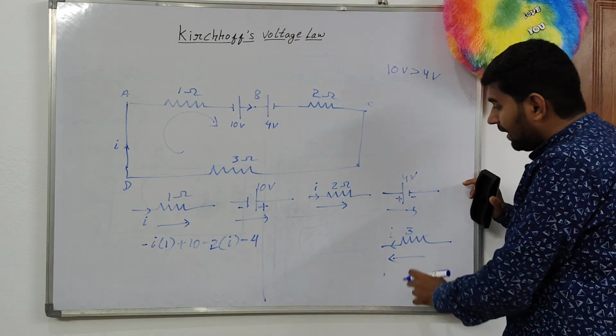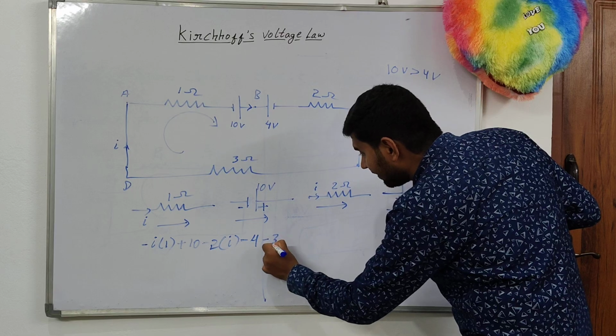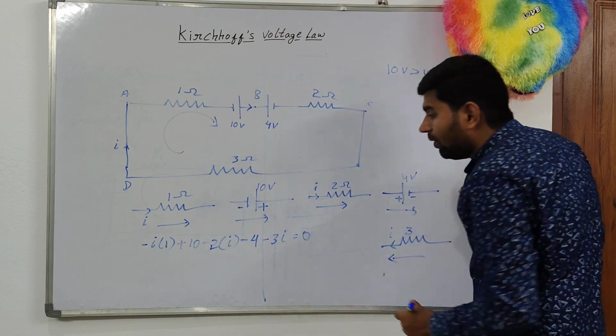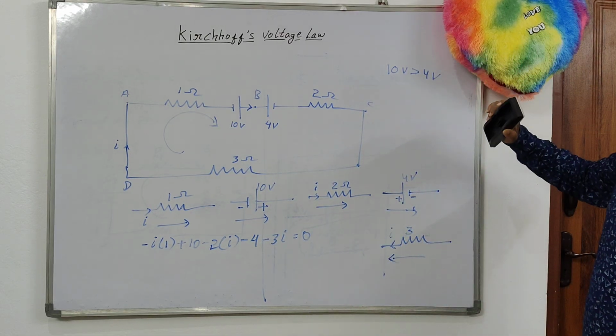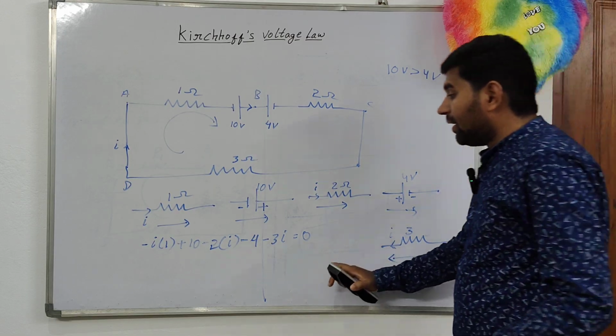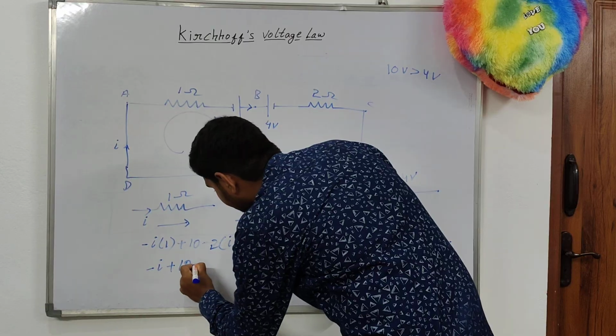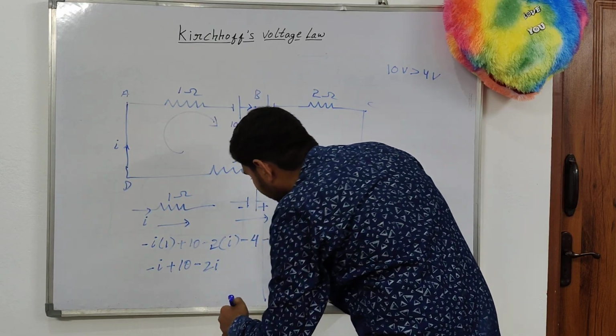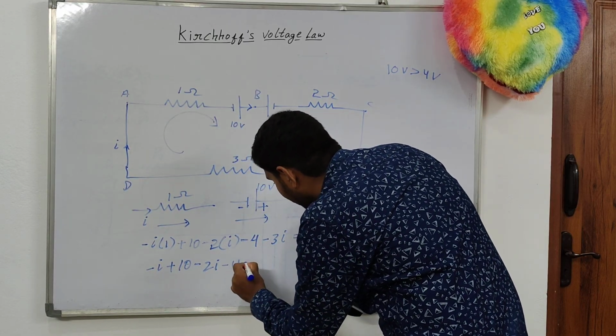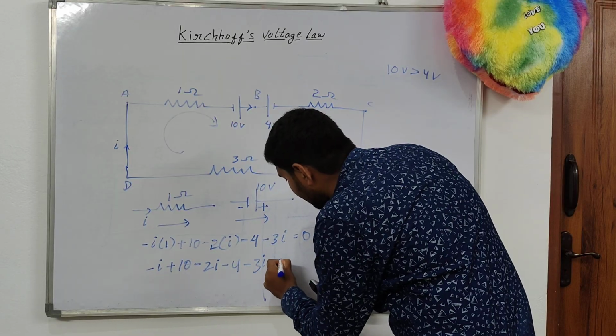Here both are the same, so minus 3I. According to the KVL statement, I can write: minus I plus 10 minus 2I minus 4 minus 3I is equal to 0.